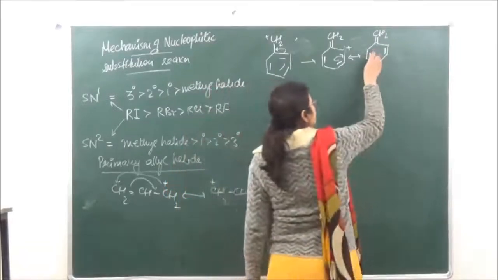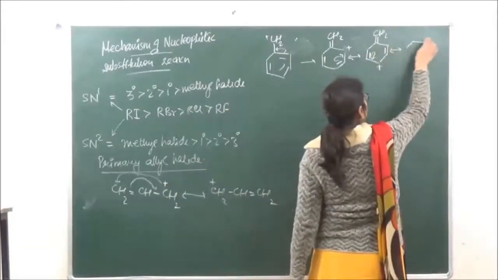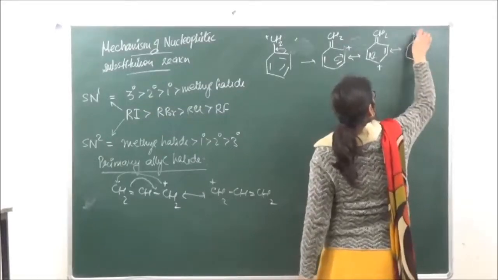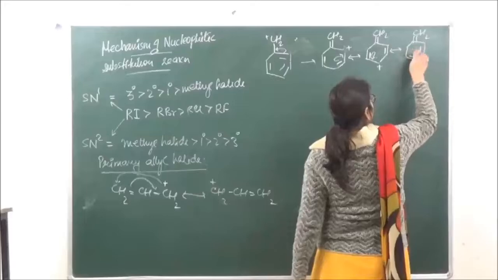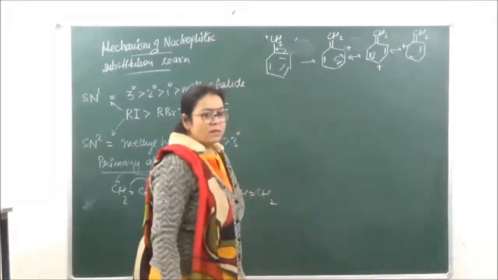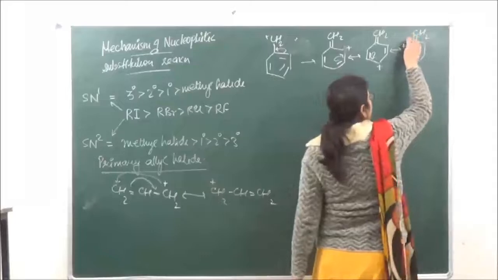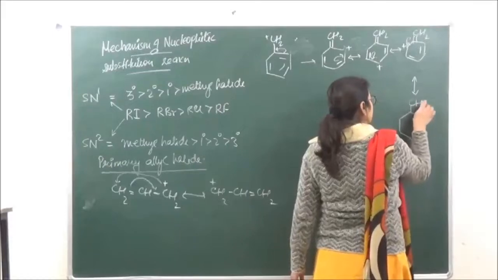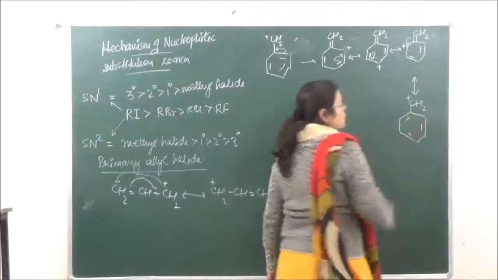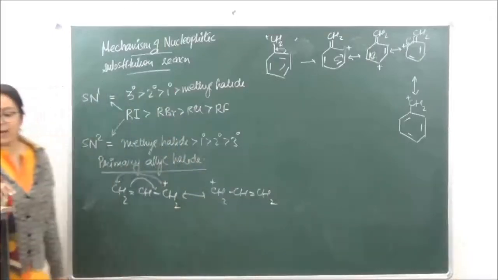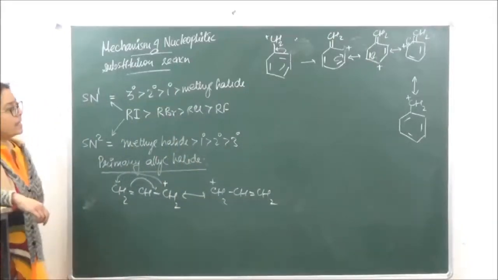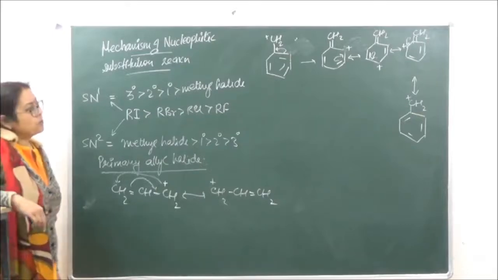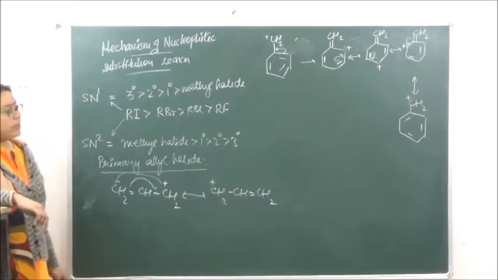After that the positive charge is going to come here, and finally, so you can see over here that both the primary allylic and primary benzylic carbocations are going to be resonantly stabilized, as a result of which they are going to undergo substitution reactions with the help of SN1 mechanism.